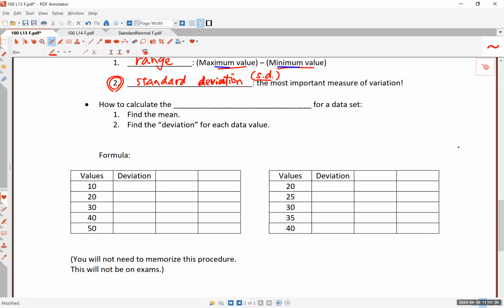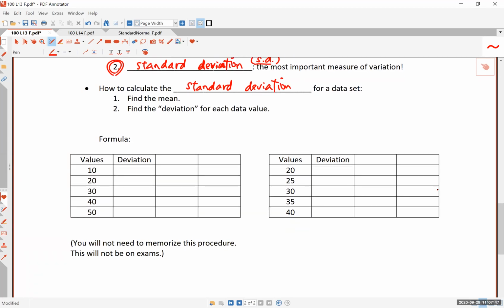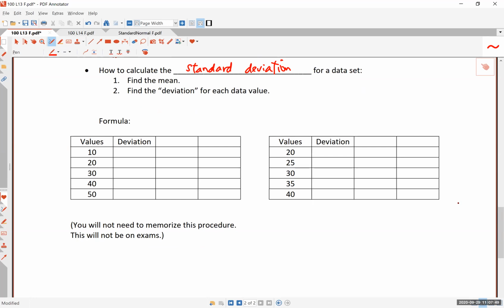So how do you calculate the standard deviation? This is the second part of this lesson. I will show you how to do that by hand. And once you learn it by hand, then you can let your calculator or computer program do this for you. But I will have to teach you how to do this once by hand. So that's in the second part of this lesson.